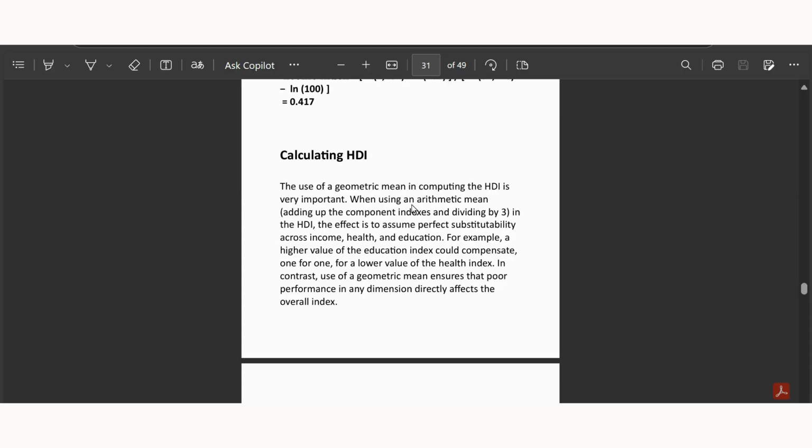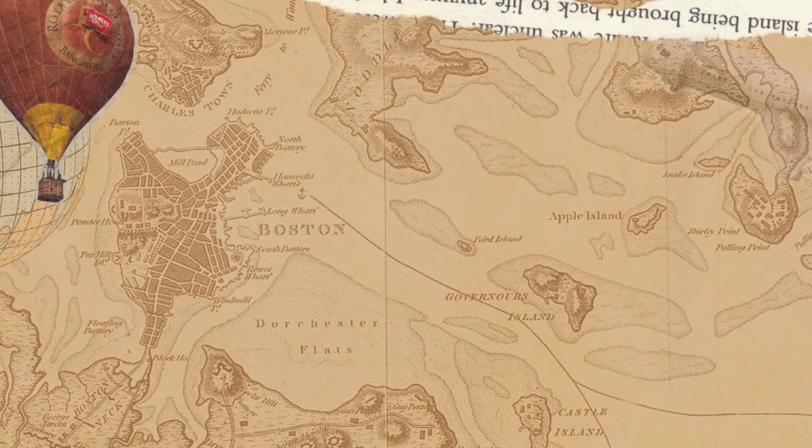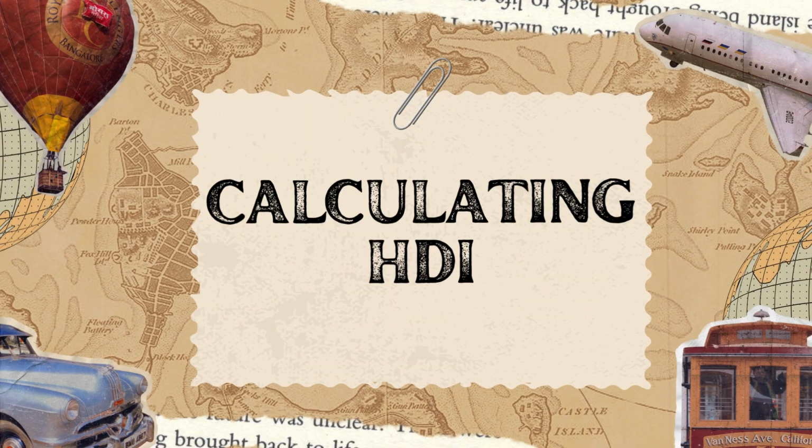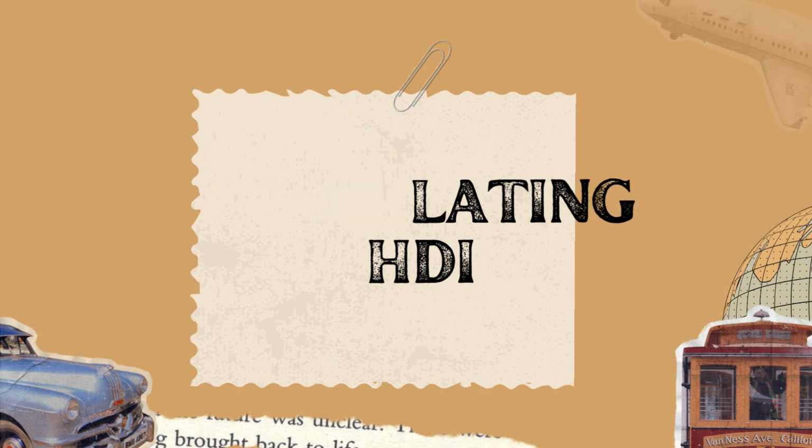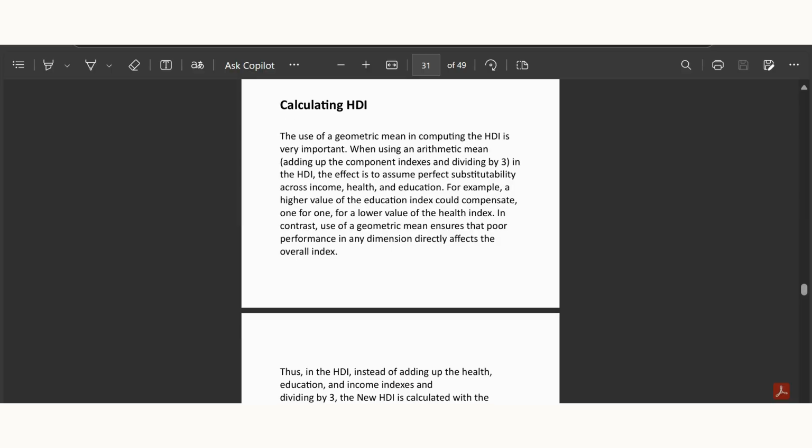Now, our next topic is calculating HDI. The use of the geometric mean in computing the HDI is very important. When using an arithmetic mean in the HDI, the effect is to assume perfect substitutability across income, health, and education. For example, a higher value of the education index could compensate one for one for a lower value of the health index.